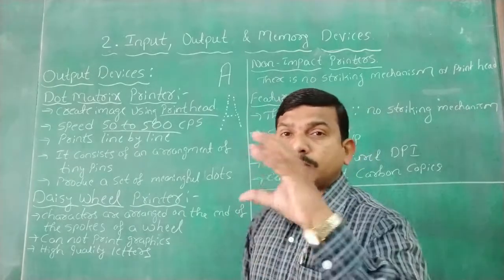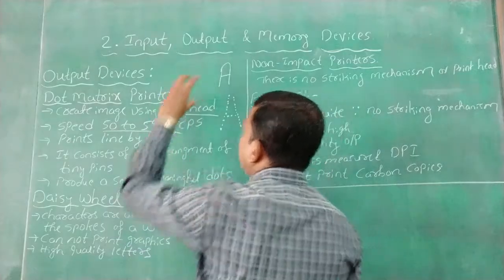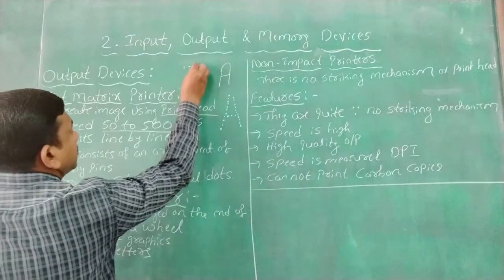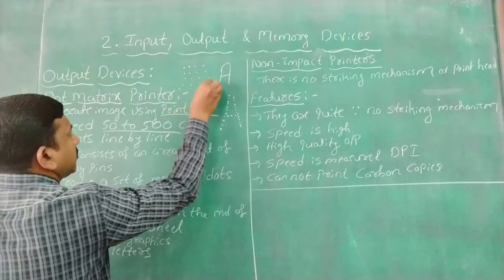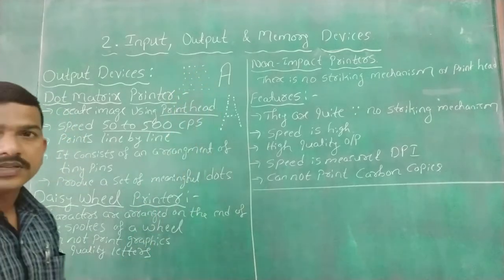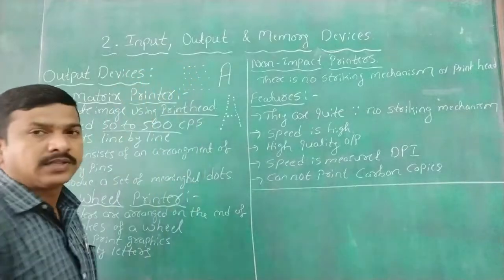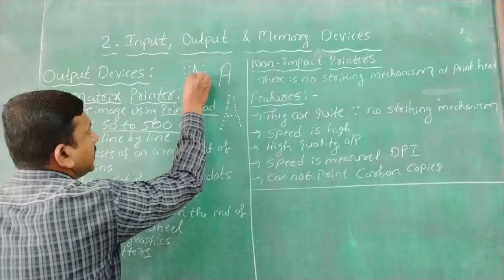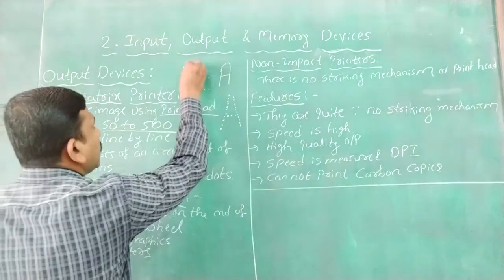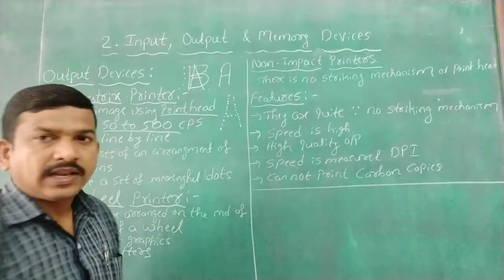Pins means when you press it, it produces like this. That means matrix form. Is it clear? So it will produce a print like this. If you want to print A, only this part will be displayed. If you want B, only this part will be displayed like this.